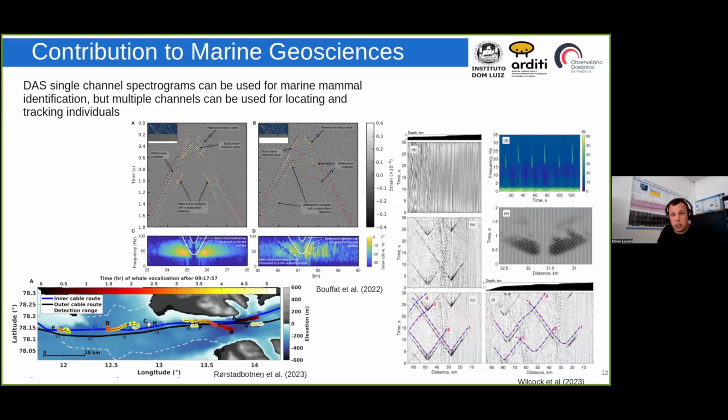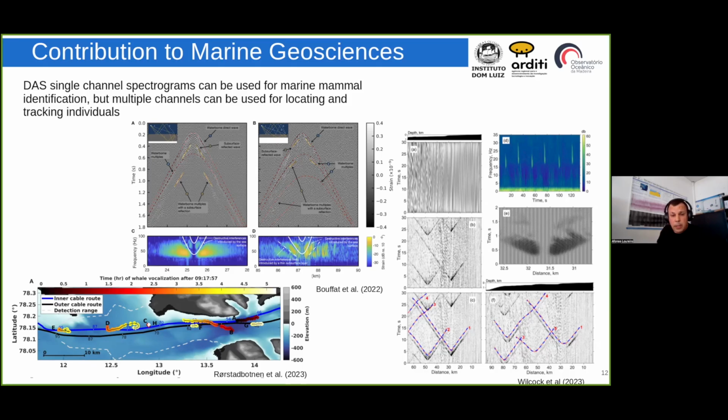We can use, for example, for marine mammals, traditional hydrophones to detect them and classify them. But if we combine it with distributed acoustic sensing, we can go one step further and even track animals as they move. And this is just one example of things that you can do with a DAS cable.